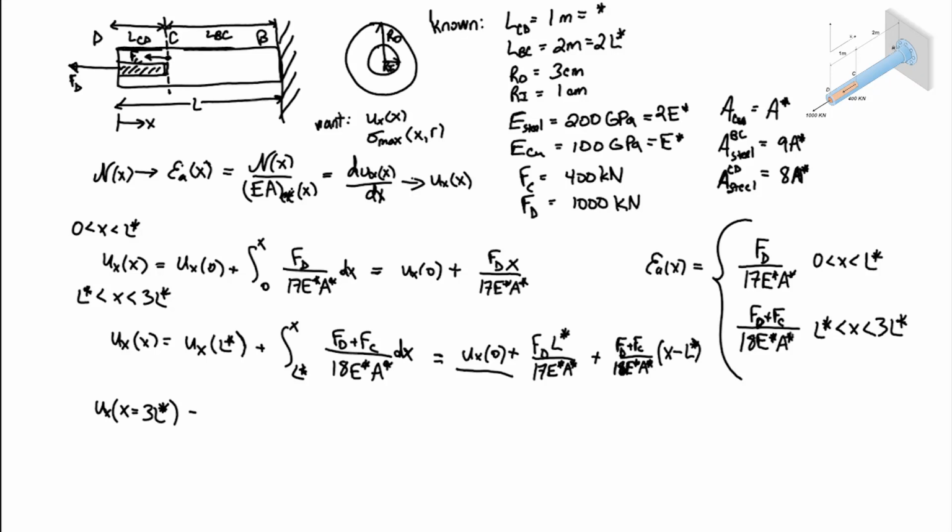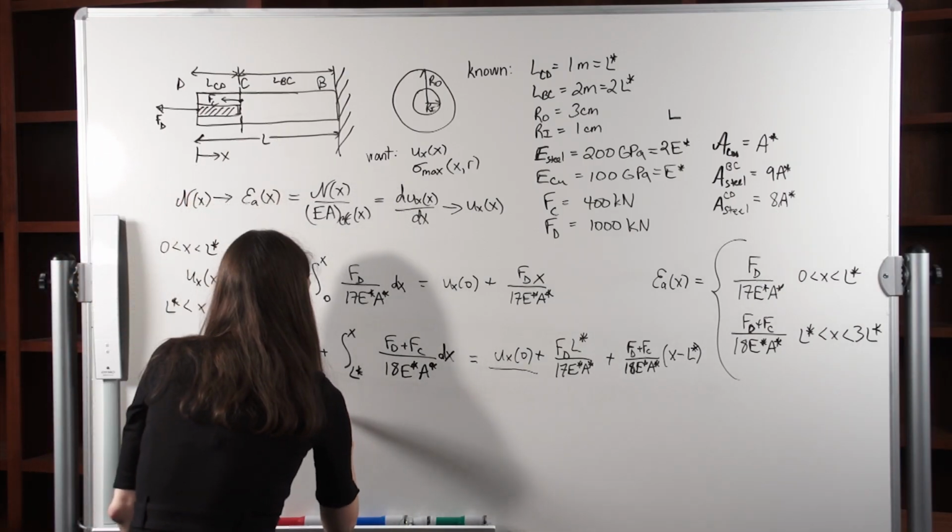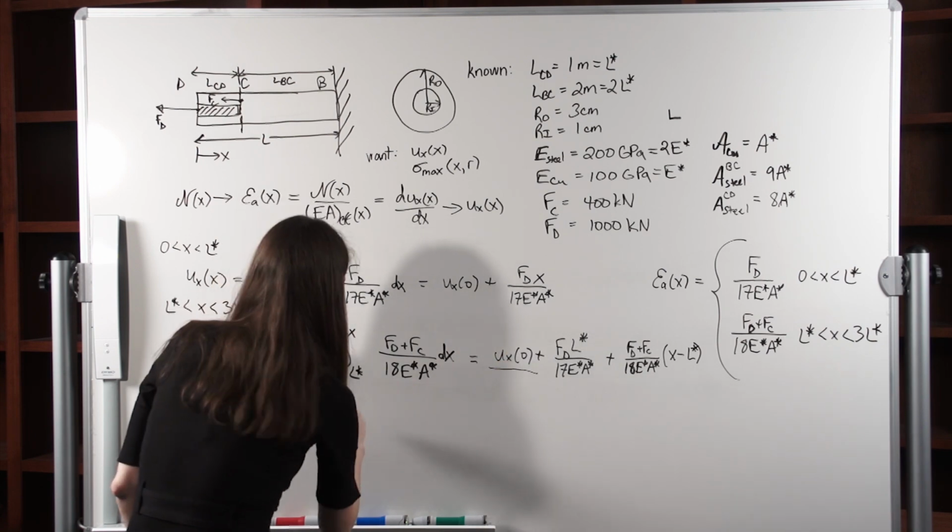So we have that ux at 3L star is equal to 0. It's our boundary condition, which then equals, well, let's put in this part of the equation, right?